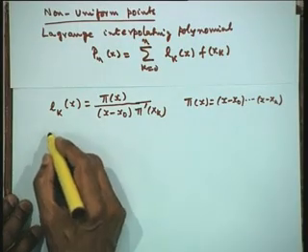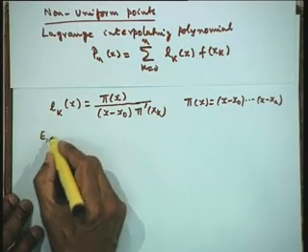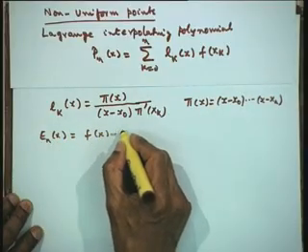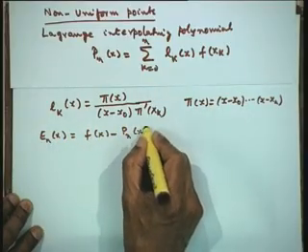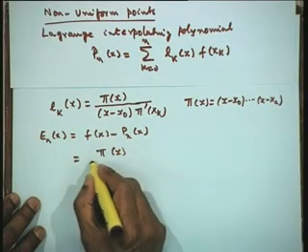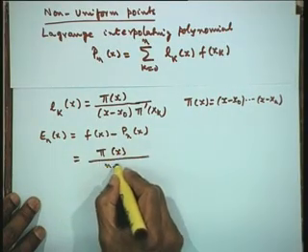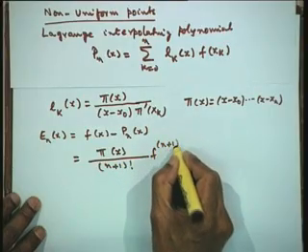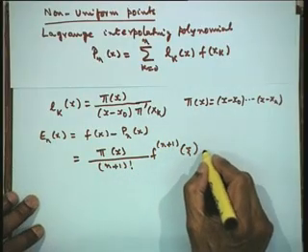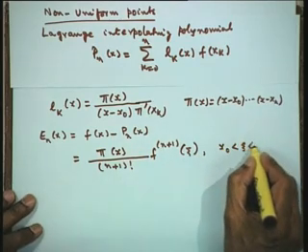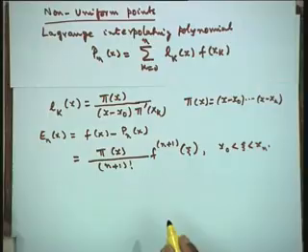We have also proved that the error of interpolation is E_n(x) equal to f(x) minus p_n(x), and this is equal to pi(x) divided by (n plus 1) factorial times f^(n+1)(xi), where xi lies between the first and the last points, x_0 less than xi less than x_n.